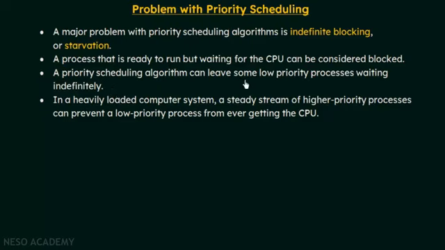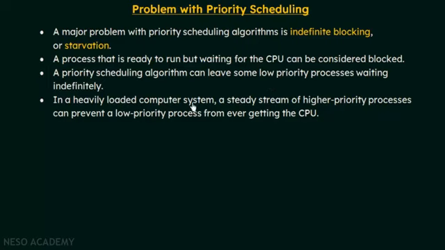Let's say that all the processes that arrive have higher priority than this low priority process. Then all the higher priority processes will get the CPU, and this low priority process, since its priority is lower than those other processes, will never get the CPU.